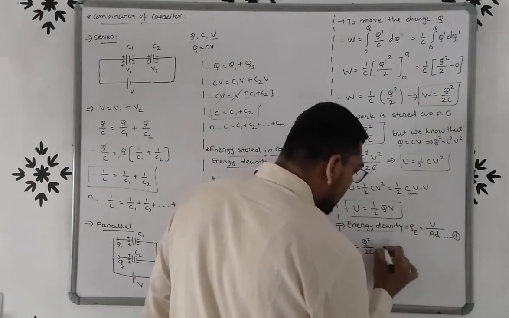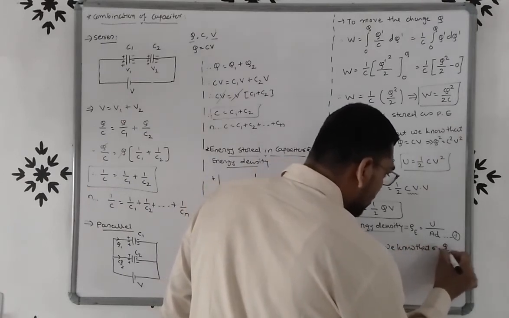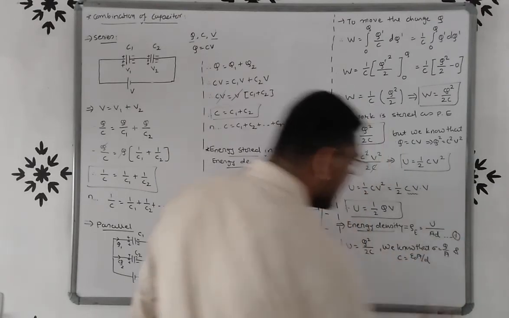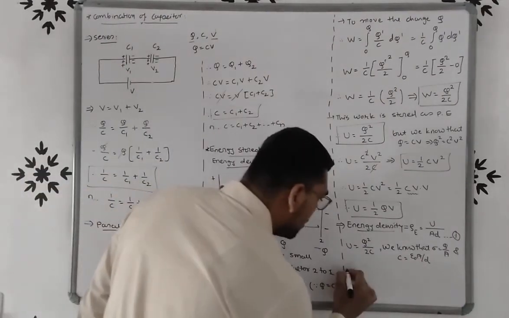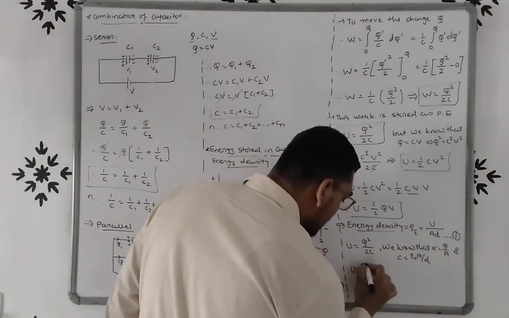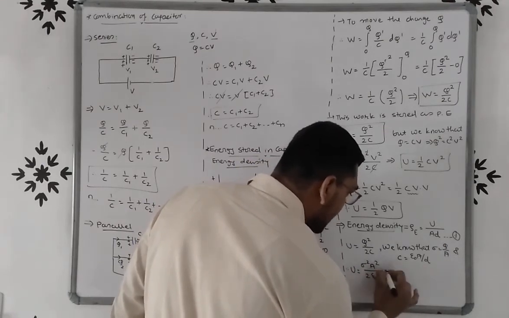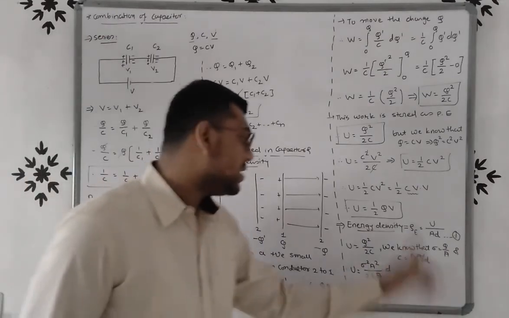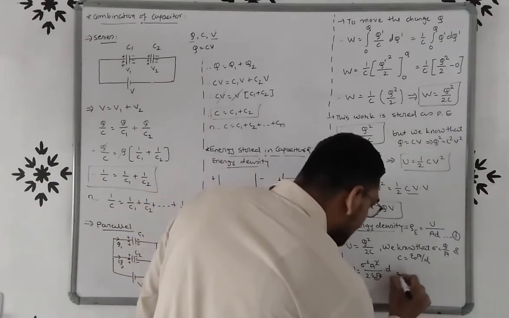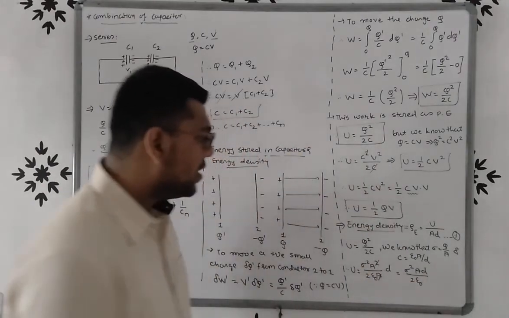We know that sigma is equal to Q by A, and the capacitance C is equal to epsilon 0 A by D. Q is equal to sigma A. So U is equal to Q square, sigma square A square upon 2 epsilon 0 A by D. But this D goes to the numerator, so here this A cancels. So the equation will be like this: sigma square AD upon 2 epsilon 0, right?